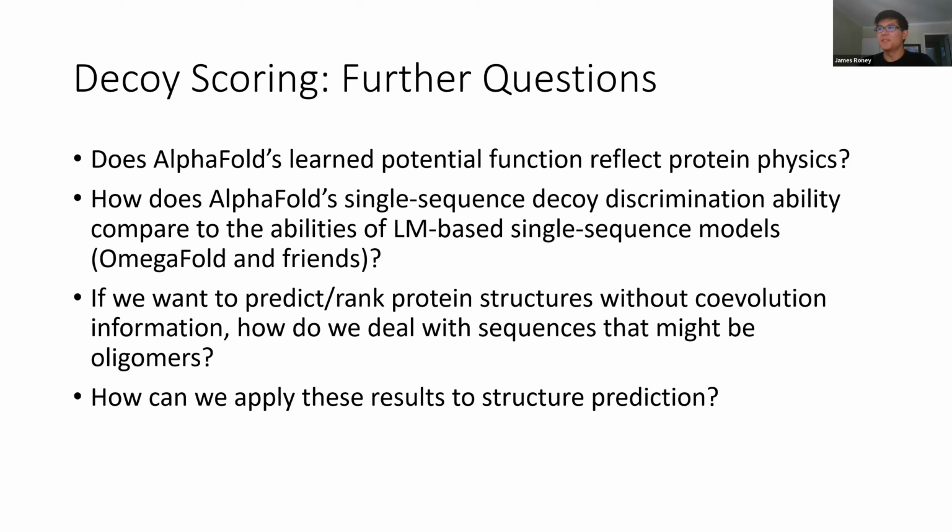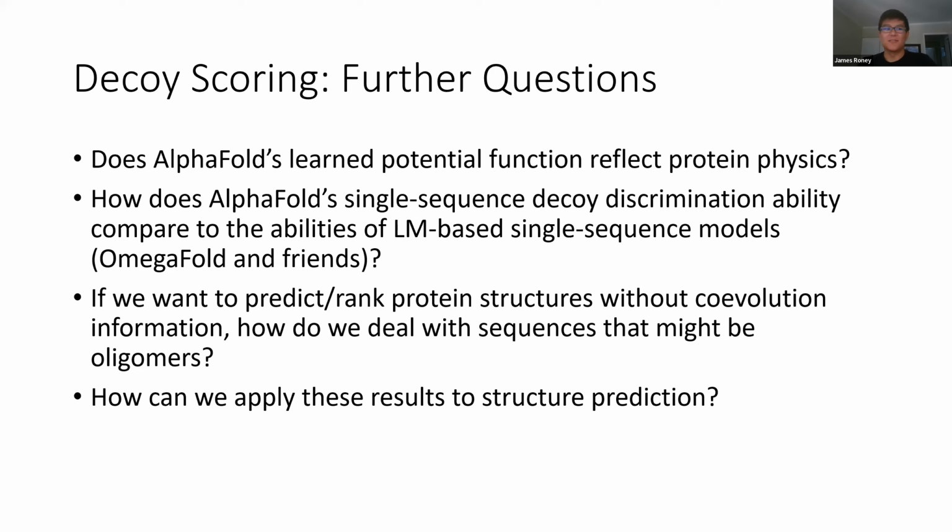And so if we think that AlphaFold's internal potential function understands something about protein physics, then we might expect that we can actually go beyond the abilities of these language model-based approaches, and maybe even predict or refine structures, or successfully rank decoys for structures where coevolution or language-based models fail. But that's a direction for further research.